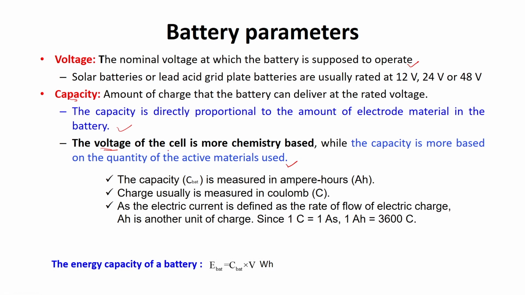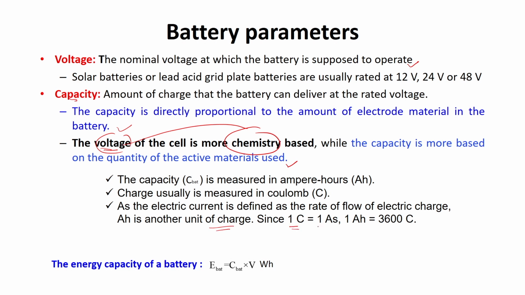Okay. Voltage is mostly dependent on the chemistry of the battery, but the capacity depends on the mass of the battery. The capacity is measured in ampere hour, and charge is usually measured in coulomb. As electric current is defined as the rate of flow of electric charge, ampere hour is another unit of charge.